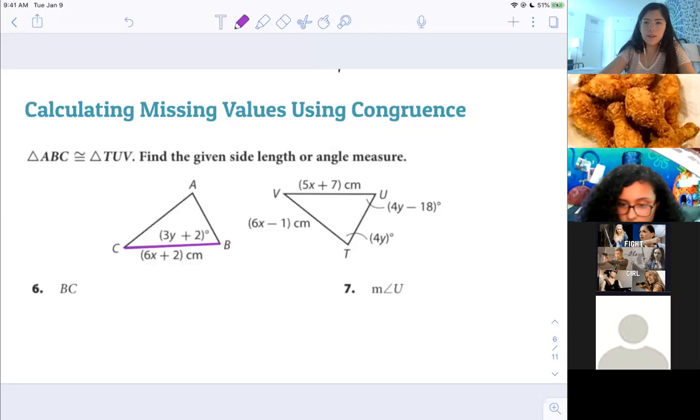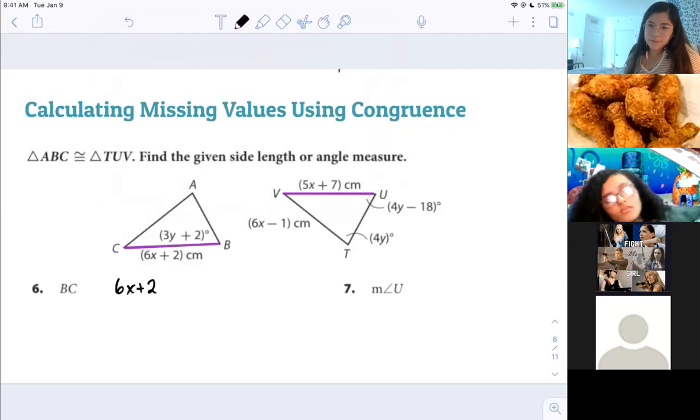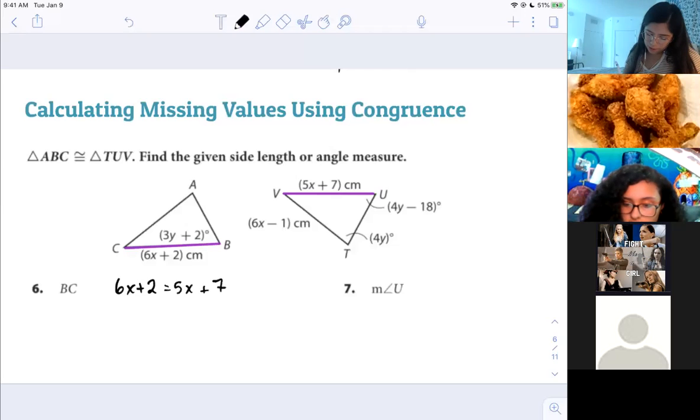What's the equation I'm going to set up? 6x plus 2 equals 5x plus 7. And we solve. I'm not going to go through all of the steps of solving, but what did you guys get at the end? X equals 5. Good.